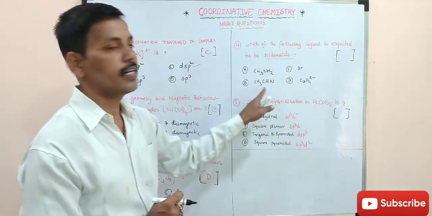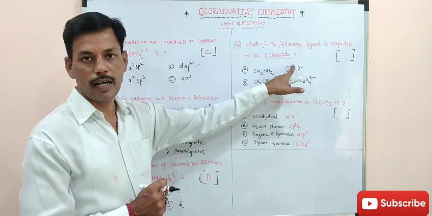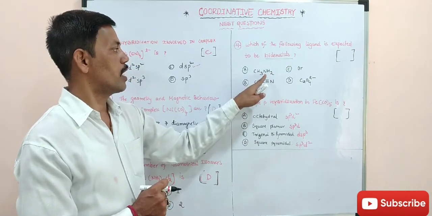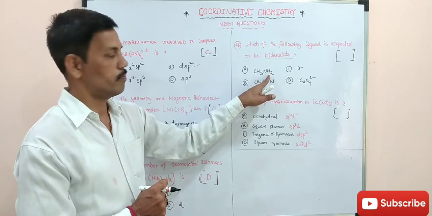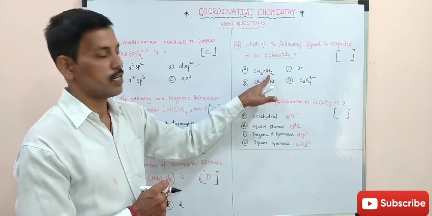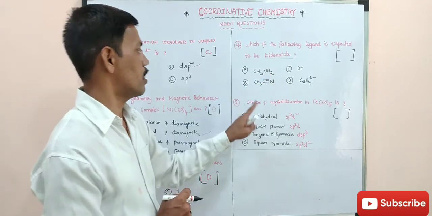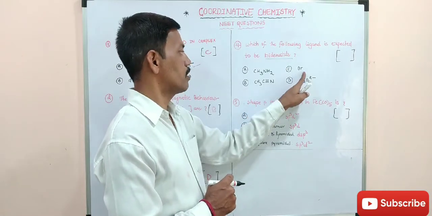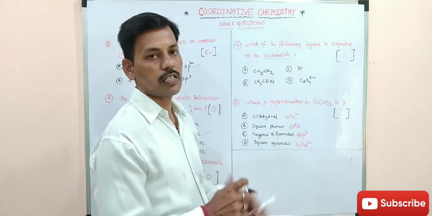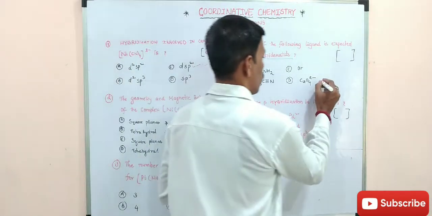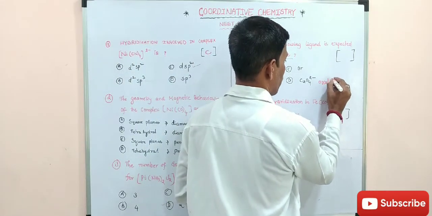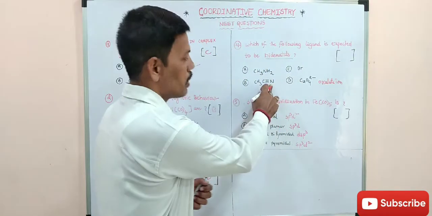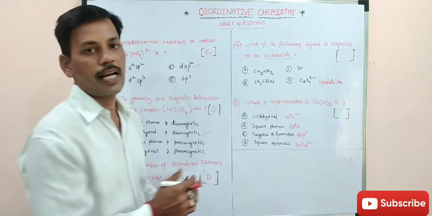So we have to identify the bidentate ligand. The first one is methylamine. The second one is cyanomethane. Next, bromine is there, and the oxalate ion. What is this? Oxalate ion. This is bromine, this is cyanomethane, and this is methylamine.